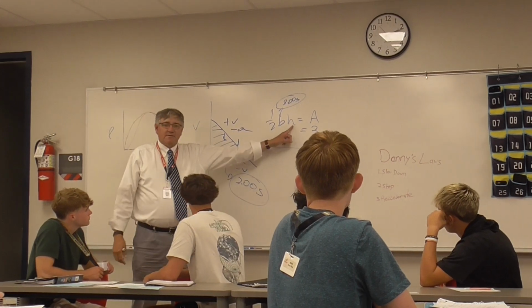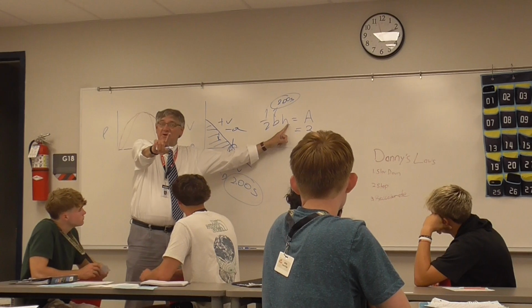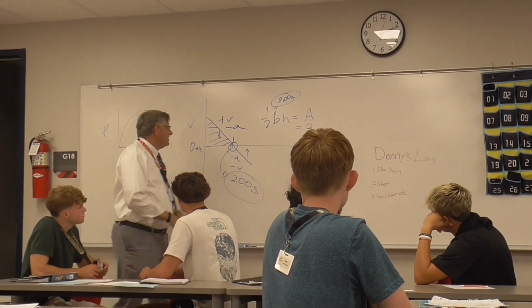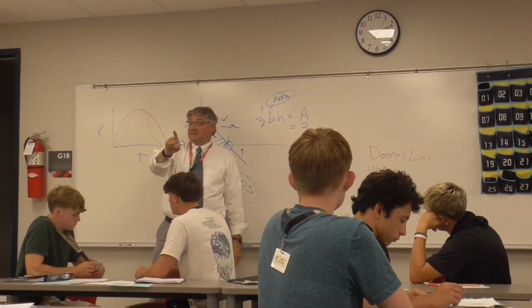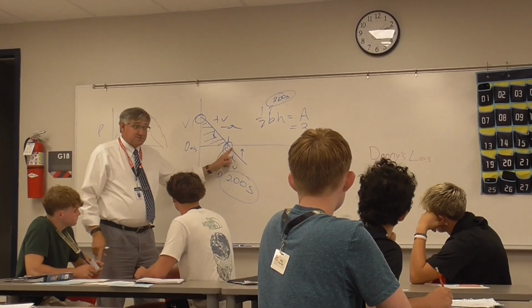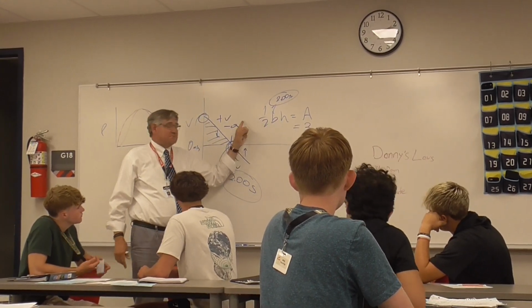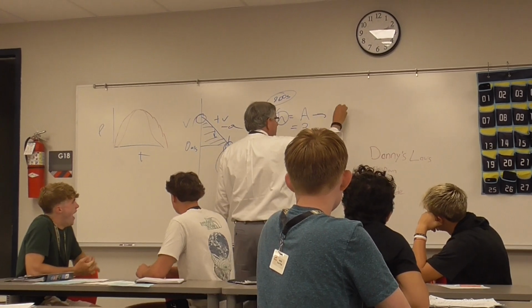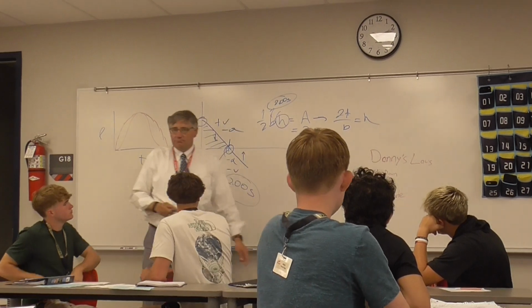Could I find the height? Height would represent what? The initial velocity. So even though I don't know what the initial velocity is, if I know this is a triangle, which it is, and I know the area of a triangle is 1/2 base times height, so if I were to solve for height, I'd take 2A over b and get my height.